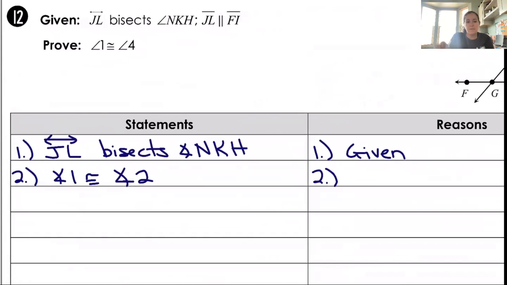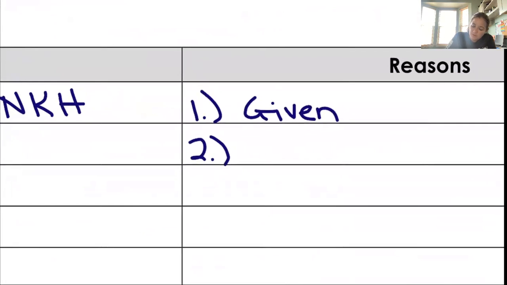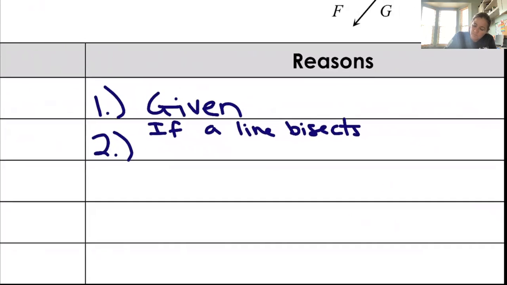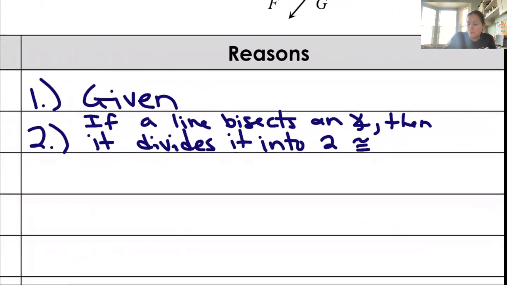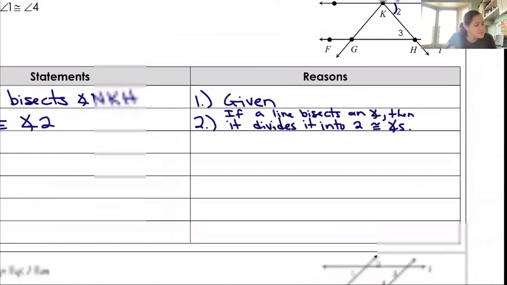And that's if a line bisects an angle, then it divides it into two congruent angles. That's your definition of an angle bisector from last unit.